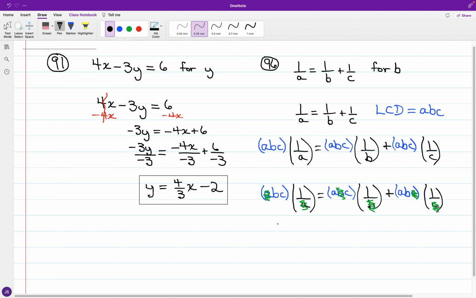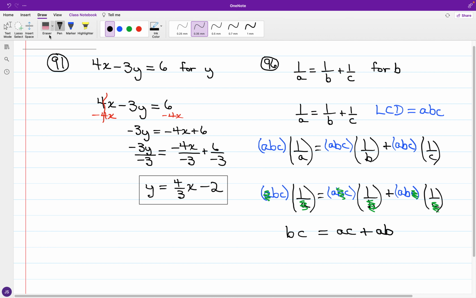And looking at what is left, on the left now is going to be bc, and we have is equal to, and this time after canceling out b, we have ac, and from the last ratio we had c to cancel out, so we have ab remaining.